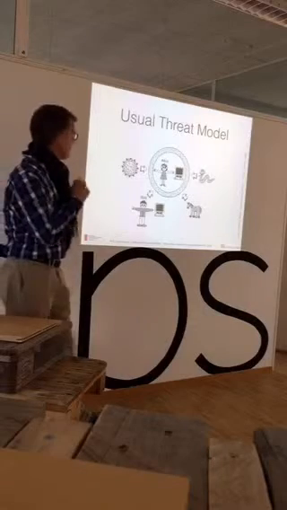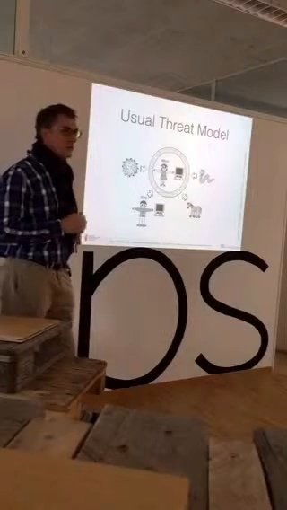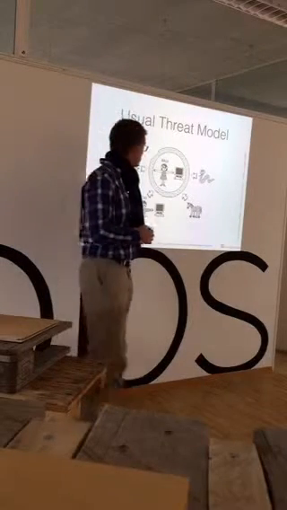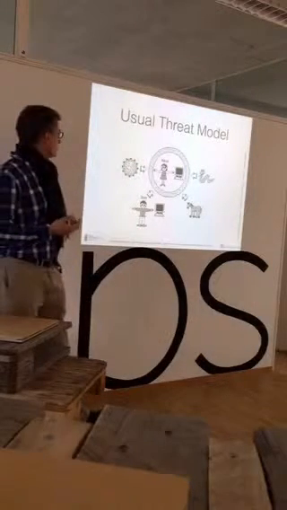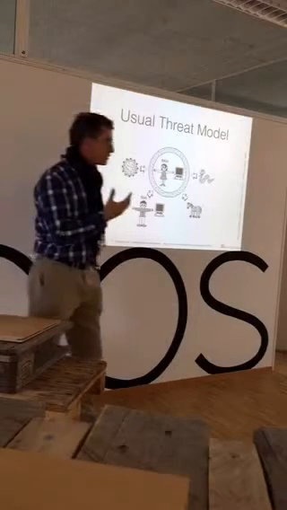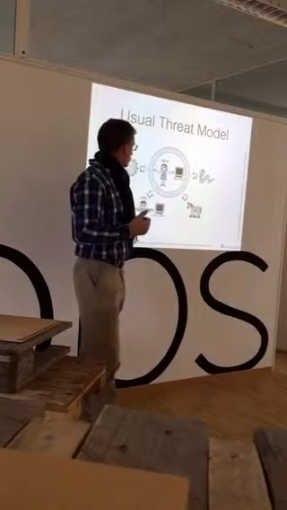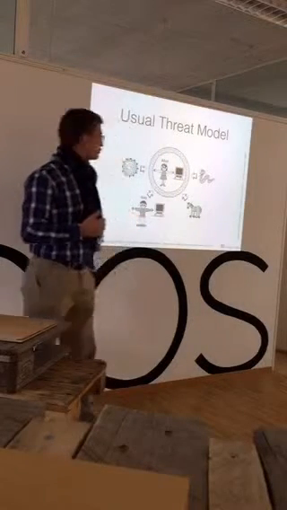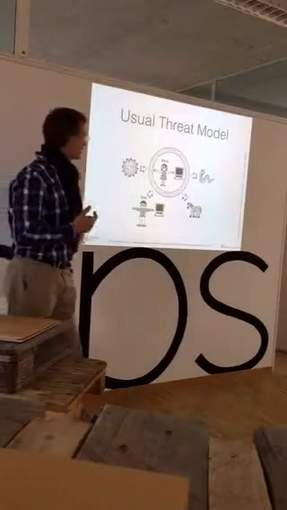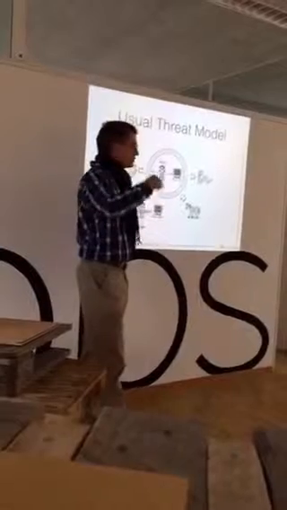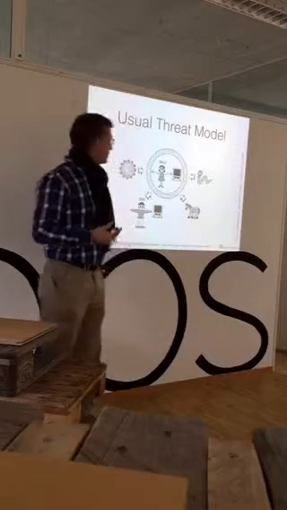In this talk, I will consider first this usual threat model. I love these pictures. I have stolen them from a book about software protection that was written by Collberg and Nagra. And I really recommend this book to get a grasp of software security and software protection from another perspective. So this is the usual threat model we are all used to thinking about when we speak about network security, operating system security, software security.